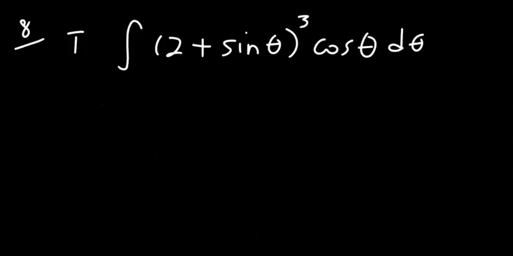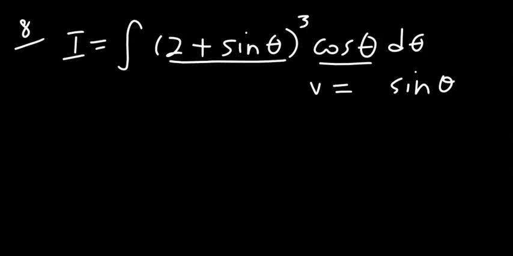Now let's look at this integral. Because the power of cosine is odd, one could suggest v to be sine theta, but then the term in the bracket is 2 plus sine theta, so that would suggest to take v to be 2 plus sine theta instead, because that does not change the differential. dv is still cosine theta d theta.